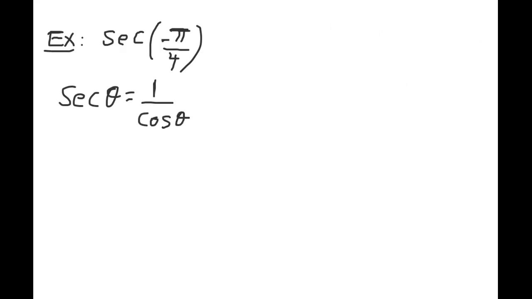So the angle minus pi over 4 means we rotate around the xy plane in the clockwise direction by the angle pi over 4, and we stop here.